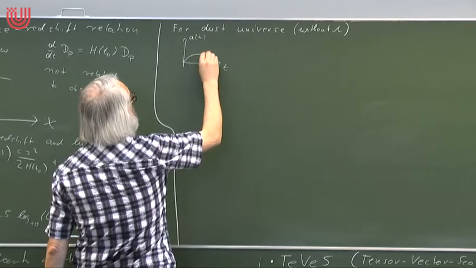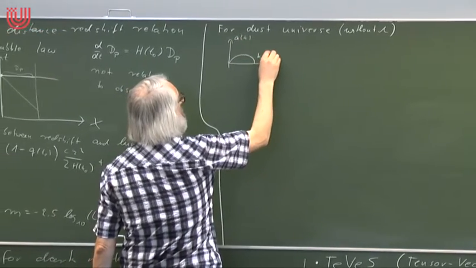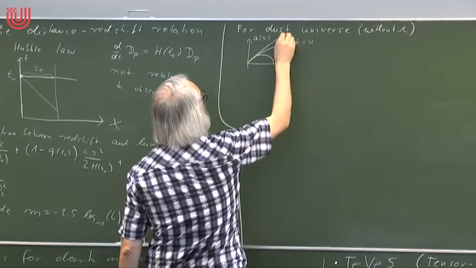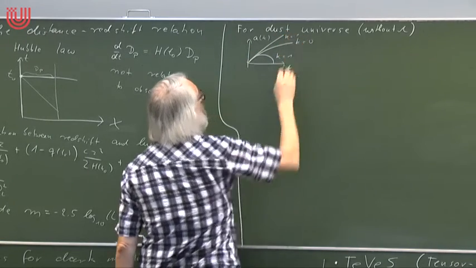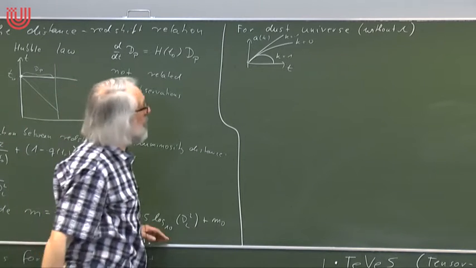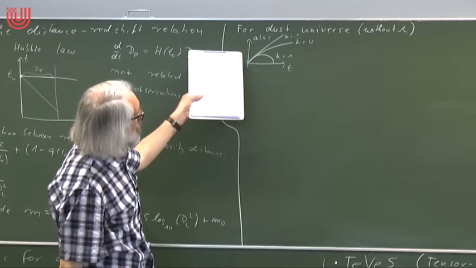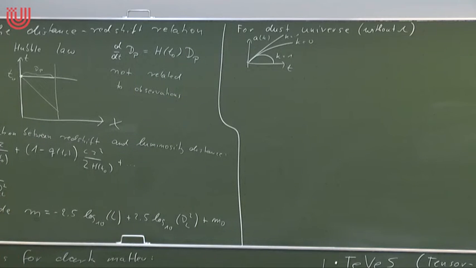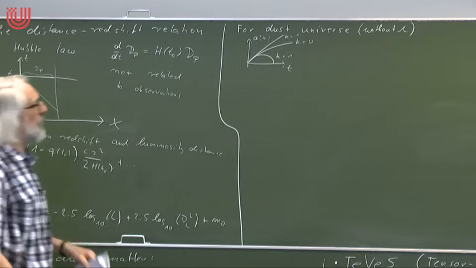There are the three cases: this is k equal 1, this is k equal 0, and this is k equal minus 1. So k equal 0 is the Einstein-de Sitter universe, which for many years was the favorite cosmological model. And for all three cases of k, we have a closed form equation for the distance redshift relation. This was the Mattig formula.